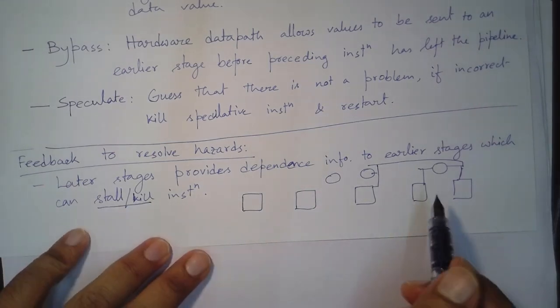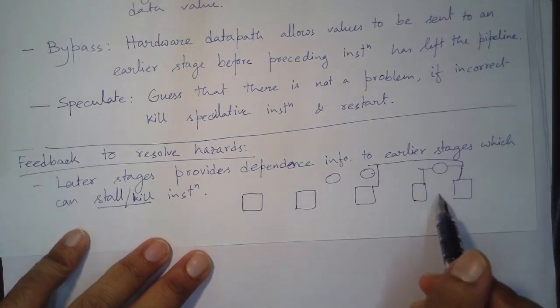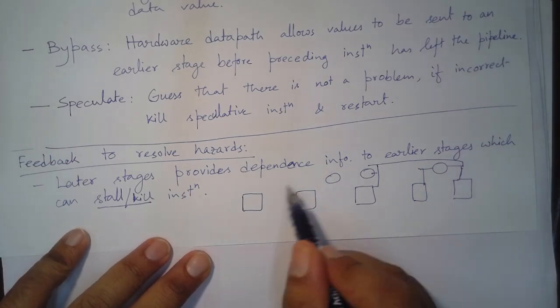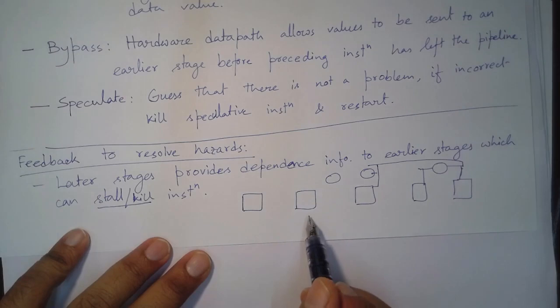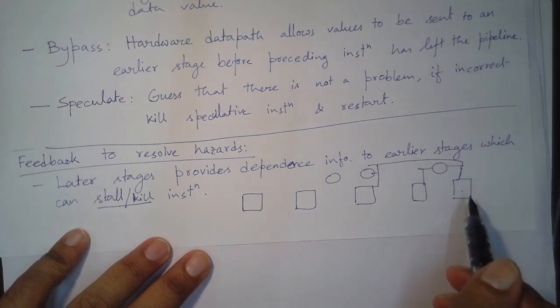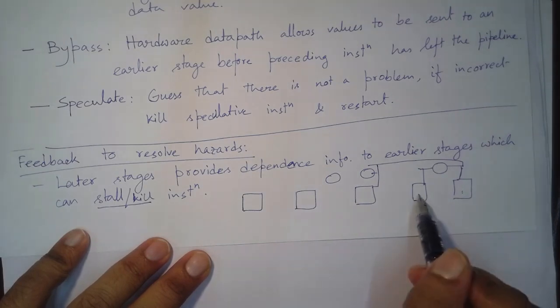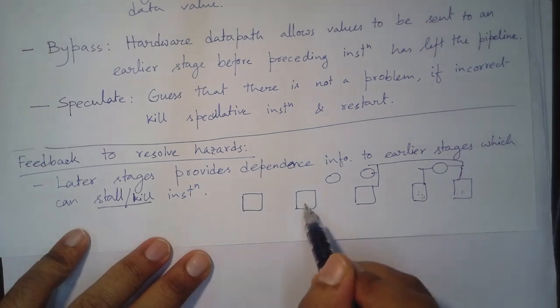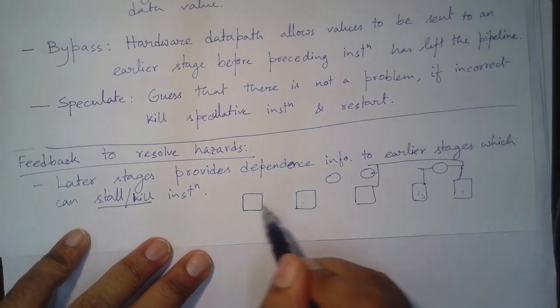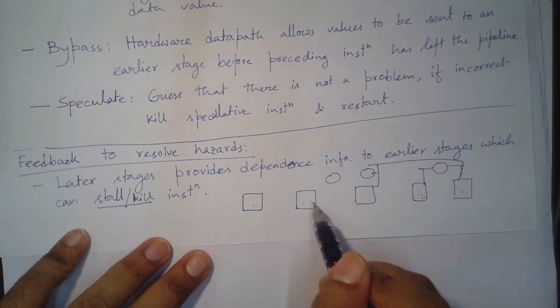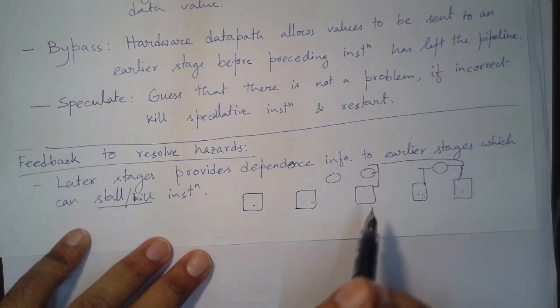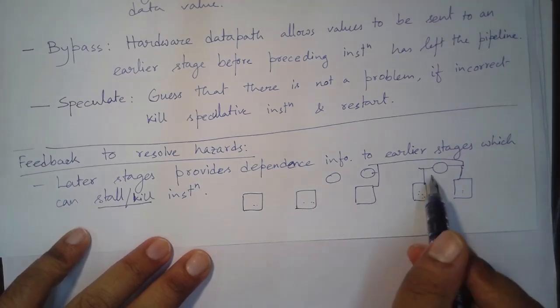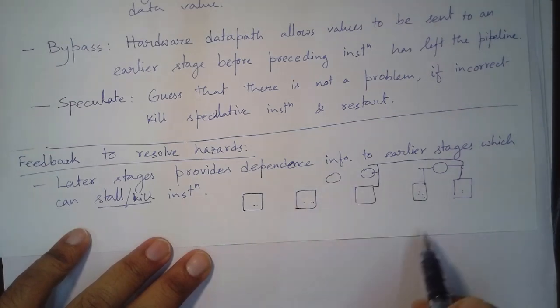But now this will be fine if there is no later instruction, basically some instruction which is, let's say, in the write back stage or memory stage, that is dependent on any of the previous instructions which are in the, let's say, fetch stage, decode stage, etc. Why is it important? Because if that is the case, then there is a possibility of creating a deadlock.